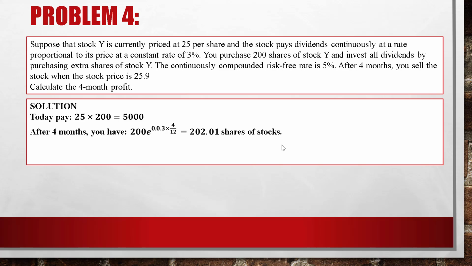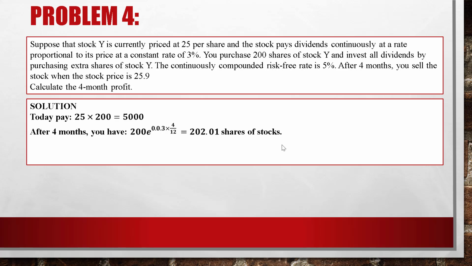So after 4 months, we have to calculate the number of shares of the stocks. We take 200 times e to the 0.03 times 4 over 12. 0.03 here is the constant rate 3%, and 4 over 12 here represents 4 months. So 4 months in a year we have 12 months, so t should be 4 over 12, which is 1/3.